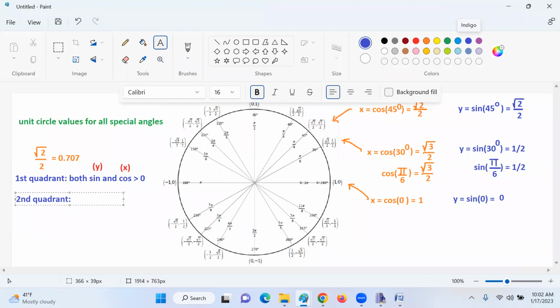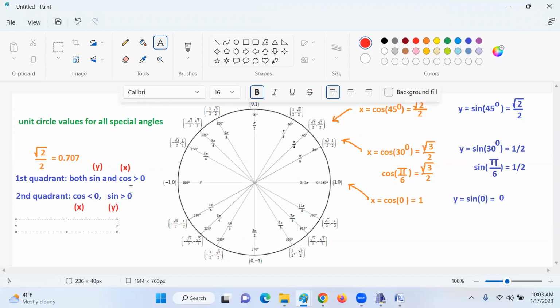So x will be negative, meaning cosine will be negative, and then the sine will be positive, right? Sine will be positive because sine is y. Just want to make sure that we understand it. And so on and so forth, right?